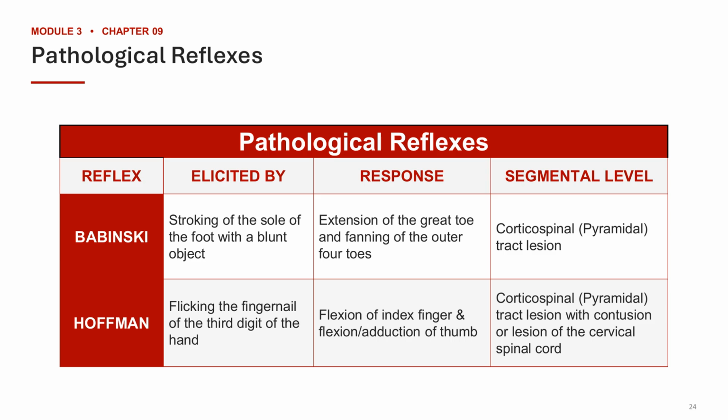The Hoffman sign, elicited by flicking the fingernail of the third digit. The positive response is flexion of the index finger and flexion with adduction of the thumb. It likewise indicates a corticospinal tract lesion, and it carries an additional locational hint. It is particularly associated with a lesion or contusion of the cervical spinal cord.